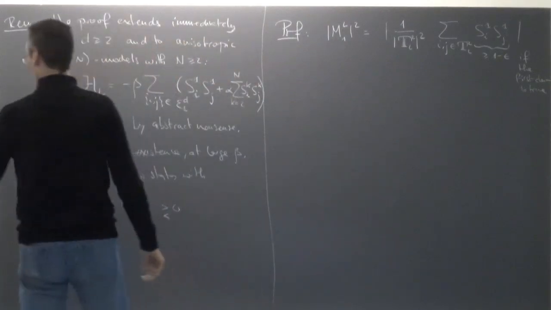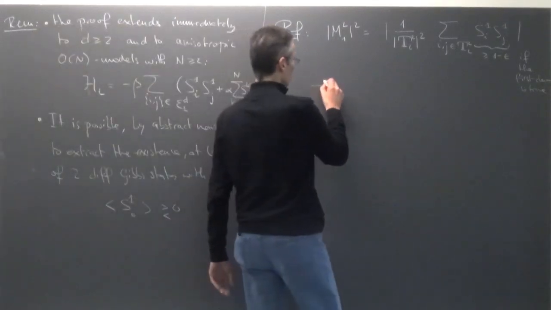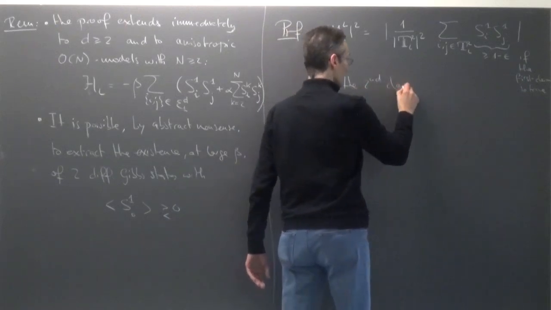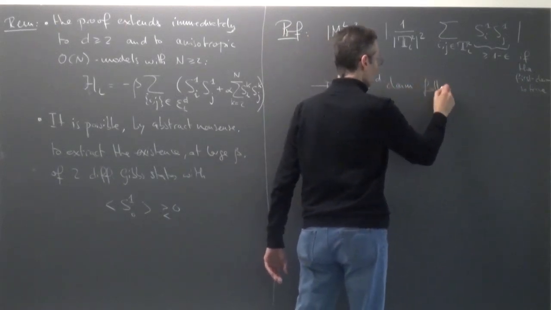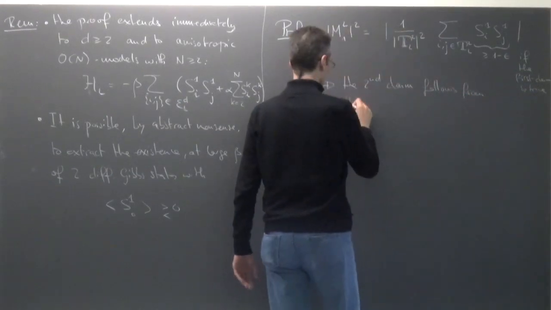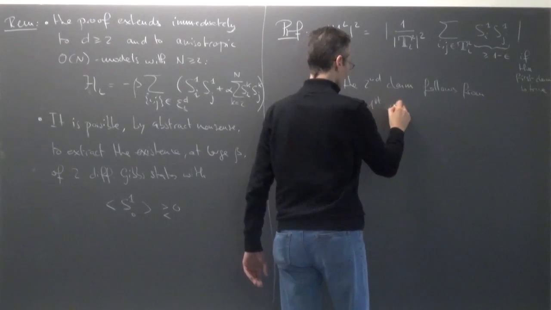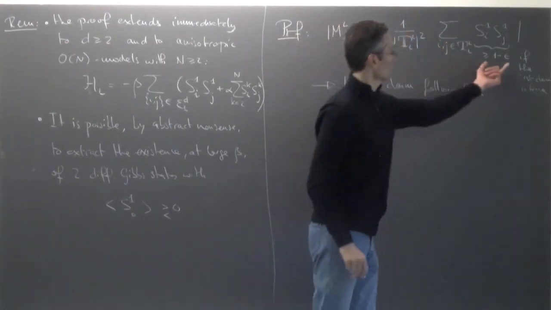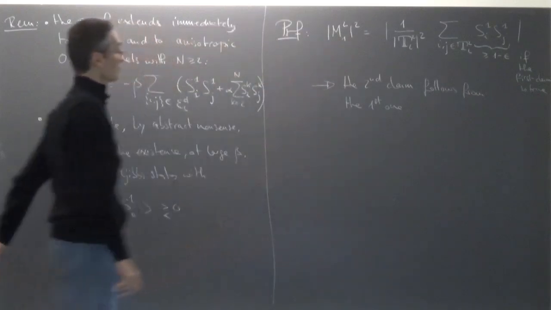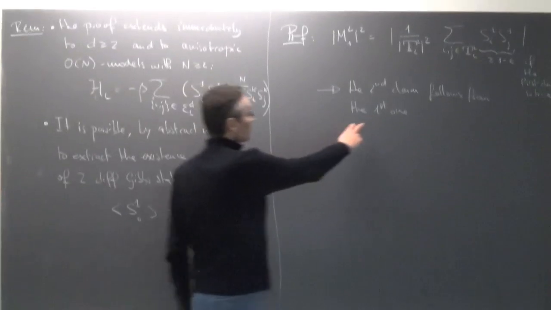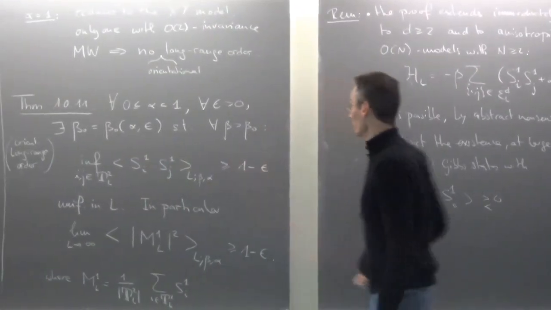So the second claim follows immediately from the first one. This cancels with that, and you only get 1 minus epsilon, which remains. Okay, so what I have to prove really is the first claim, so this form of long-range order.